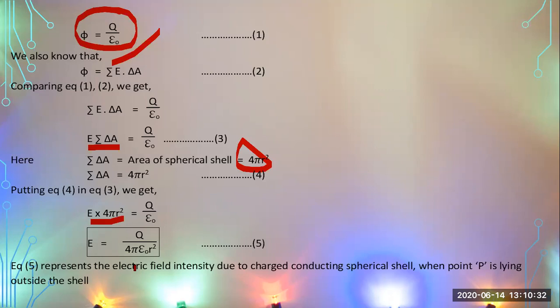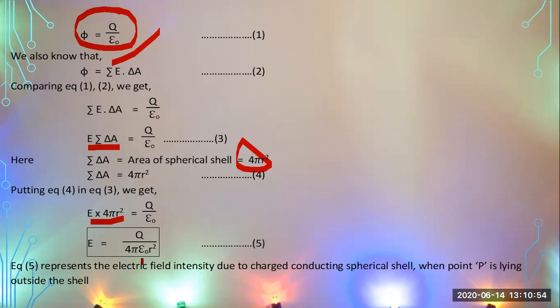Q is the total number of charges residing over the surface. By putting in the distance of the charge from the center of the sphere, and using the constant k equal to 9 multiplied by 10 to the power 9, you will be able to calculate the electric intensity outside the charged sphere.